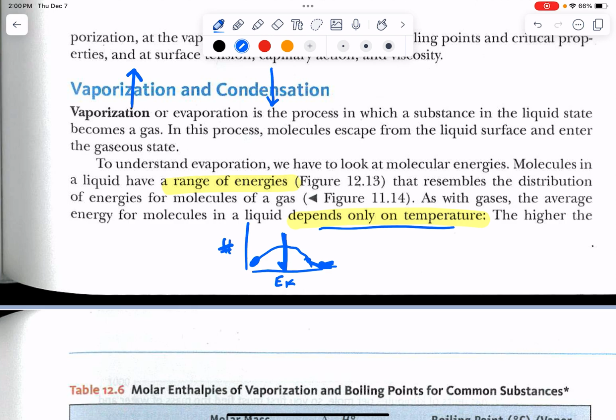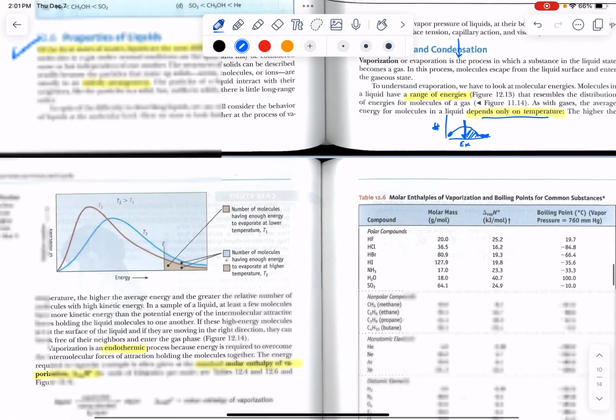Of course, as the temperature that the liquid is in gets warmer and warmer and warmer, more and more of your particles are going to have sufficient energy to break from their intermolecular forces of attraction between the particles in the liquid state and be able to evaporate. At some point, you reach a temperature of your liquid where all the particles basically have enough energy to escape into the vapor state, and that would be the boiling point.